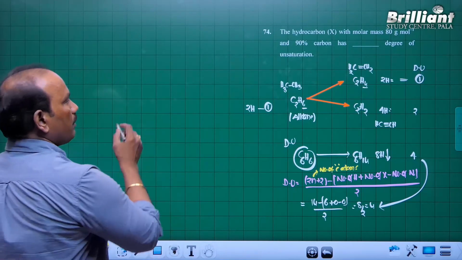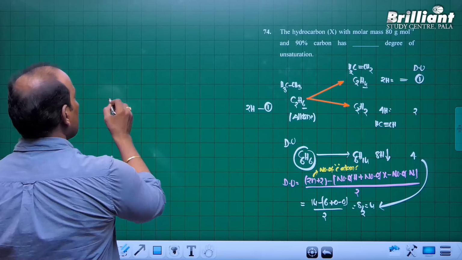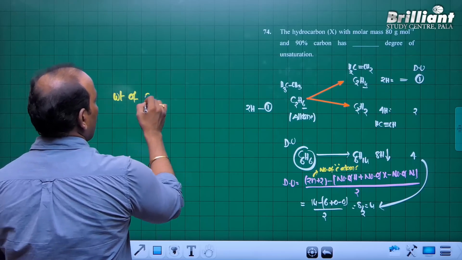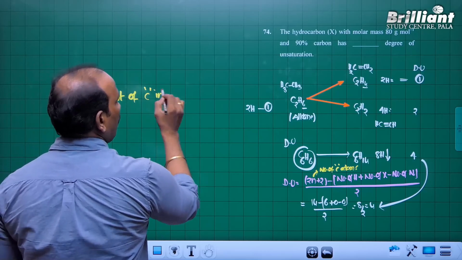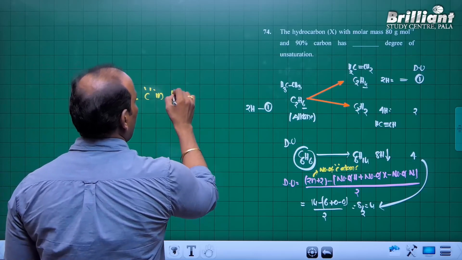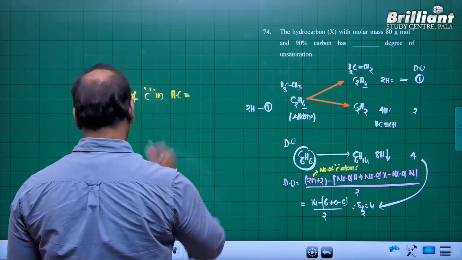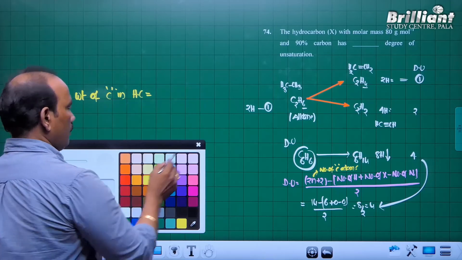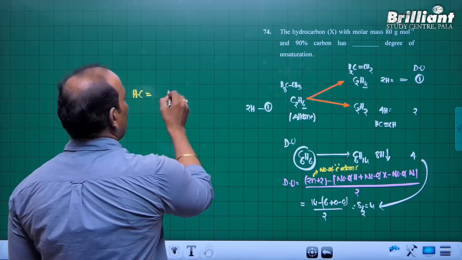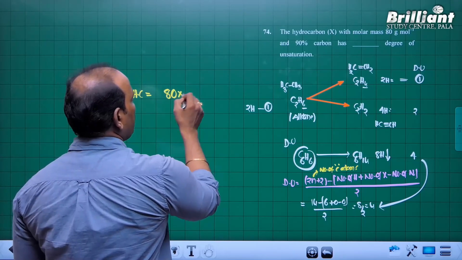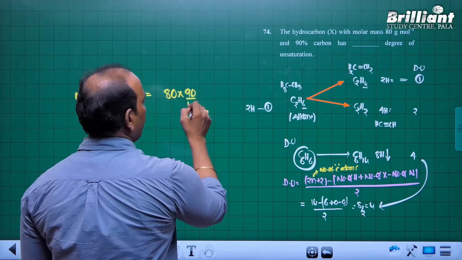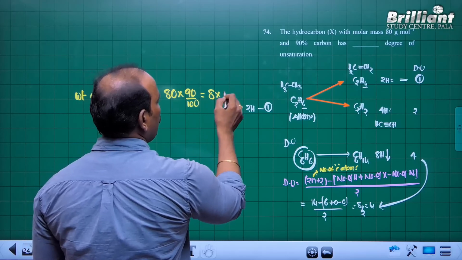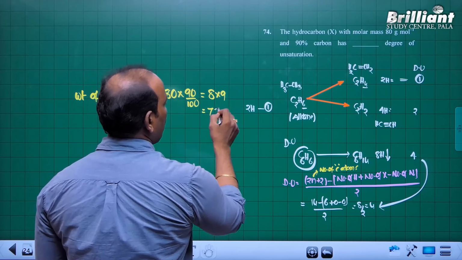What is the compound? Percentage of carbon: I want the weight of carbon in the organic compound, the hydrocarbon. The weight is 80 grams and the percentage is 90 by 100. That is 8 into 9, which is 72 grams.